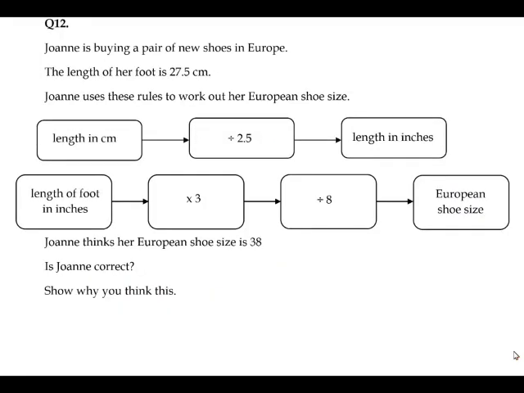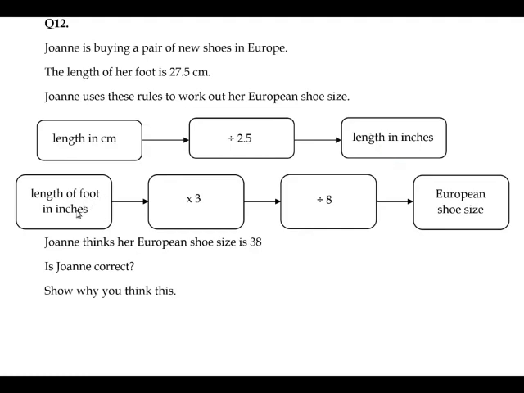Question 12. Joanne is buying a new pair of shoes in Europe. The length of her foot is 27.5 centimeters. Joanne uses the rule to work out her European shoe size. So it's the length in centimeters divided by 2.5 gives you the length in inches.